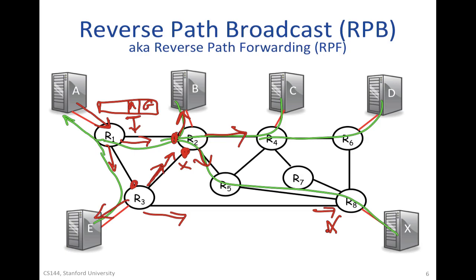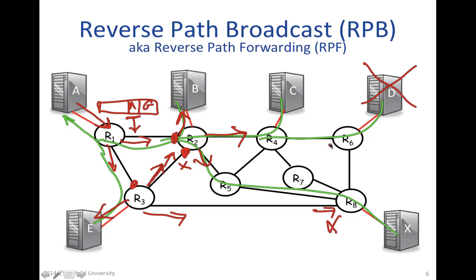So as a simple extension to this, there is something called pruning, and it's usually referred to as reverse path broadcast plus pruning, or RPB plus pruning, in which those routers that don't have any connected hosts interested in receiving the packet, send a prune message. In our case, D is not part of the multicast group.